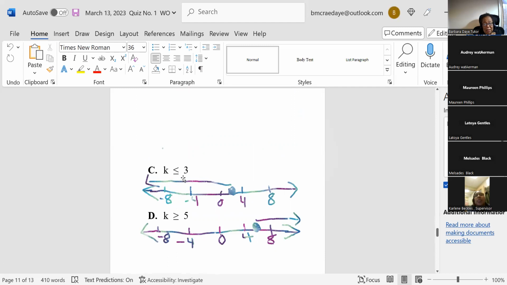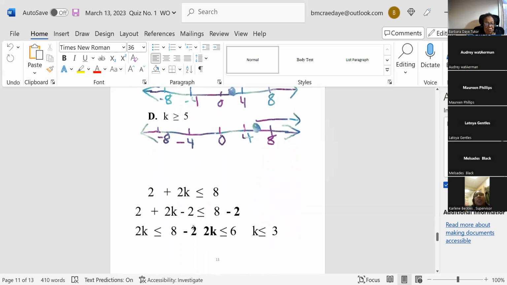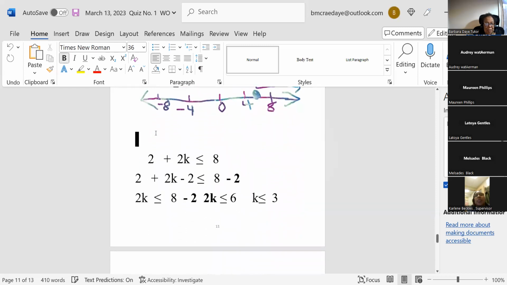I got it wrong because I had B. Well, the number line goes with this, but you don't have this duplicated, so you only have it in one place. K less than or equal to 3. So your answer would be C. I had that right. Very good.